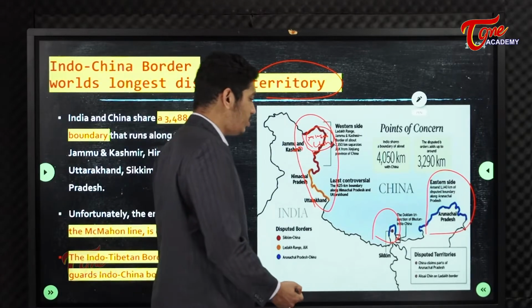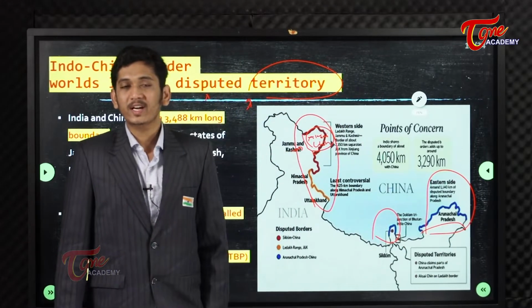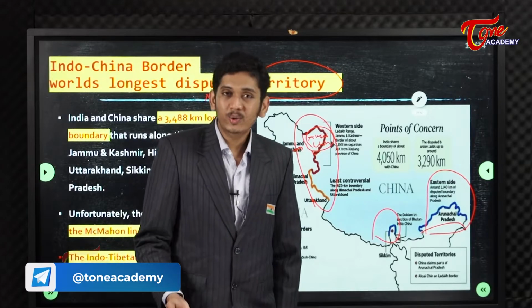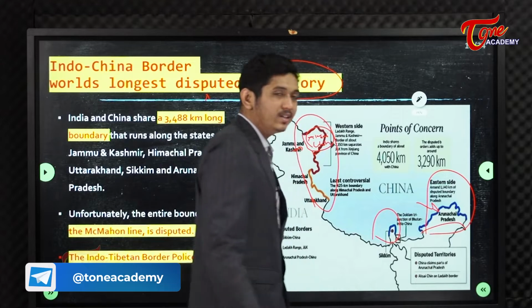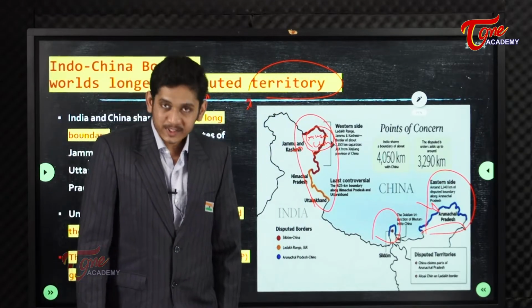Though in the 1962 war it even tried to occupy the Arunachal Pradesh region, they retreated after a due agreement. So they even want almost every part of Arunachal Pradesh as a part of China.